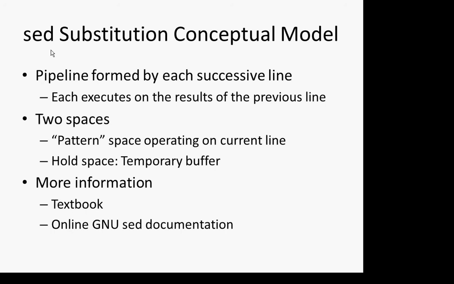So each of these lines from foo.txt is passed successively through each of these different commands. But conceptually, we can think of it as processing them in parallel. Each one of these script lines is working on a single line of the file at a time, but they're all going through from top to bottom.